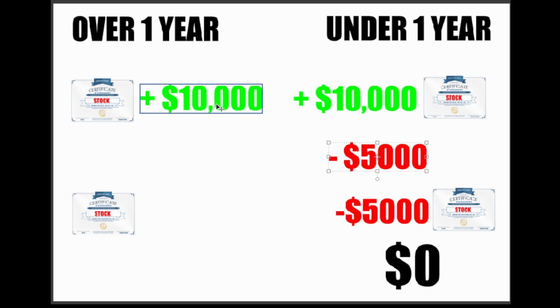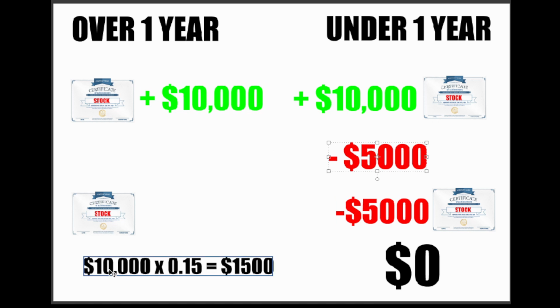And you would hold this past the new year. One day after the end of the year, you can sell this and realize that $10,000 long-term capital gain. Your tax on that would be $10,000 times 15%, or $1,500, which is about $850 cheaper than just selling everything and netting it out like I just showed you.